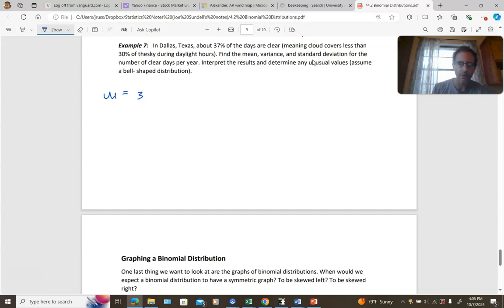So the mean, or the expected number of clear days in any randomly selected year in Dallas, Texas, is going to be the number of trials. In this case, guys, you would think 365, right? Because there's 365 days times the probability of success, or in other words, the probability that the sky is clear.